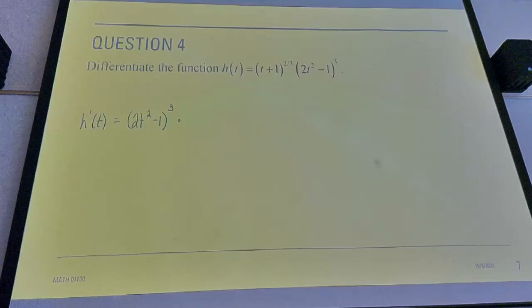So I don't always write out what the U is. What is being raised to the power? What is its derivative? It's just one.